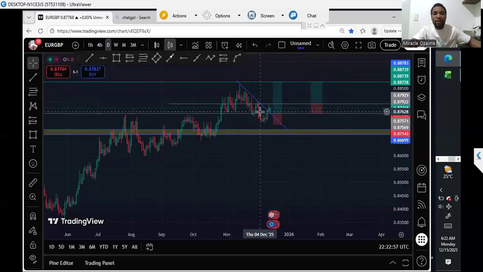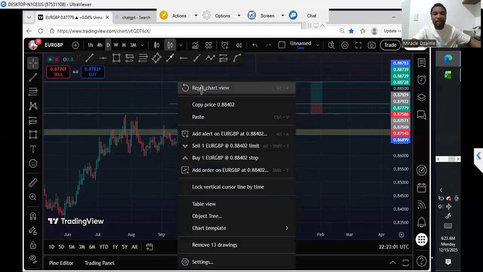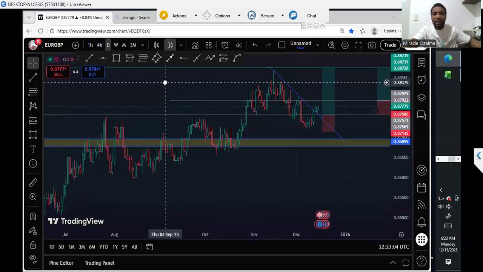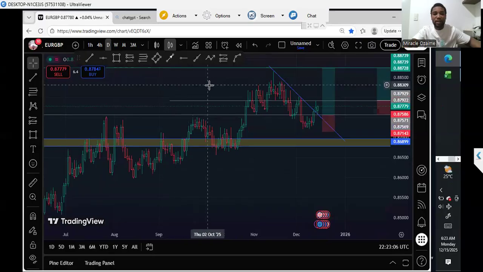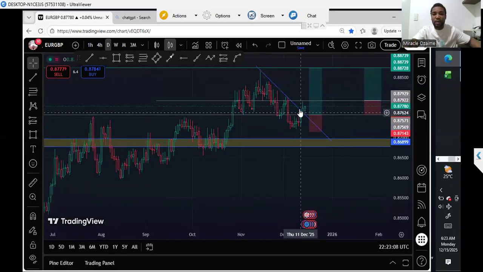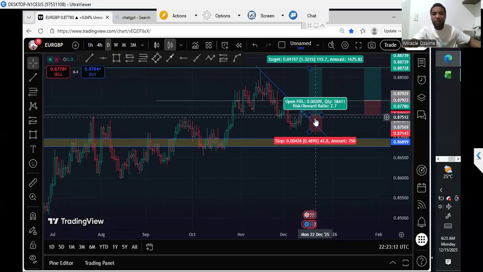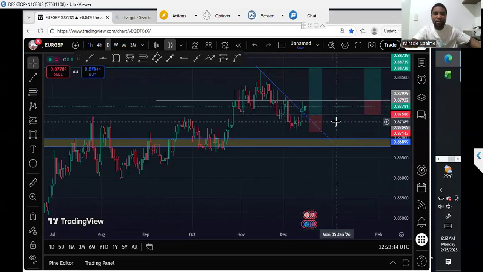Previously, with Euro GDP, I would think that the market will come here, push back downwards to form an inverse head and shoulder pattern, but it's not common with Euro GDP.